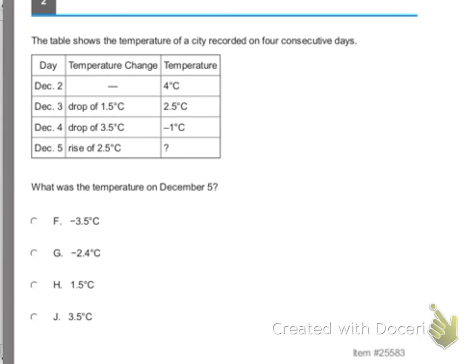And then it rises 2.5. So a rise means to add, right? So I have -1 plus 2.5. Okay, so what's the rule here? Well, the signs are different, so I have to subtract and keep the sign of the greater absolute value. So when I subtract, I get 1.5, and that's a positive. So the answer here is H.